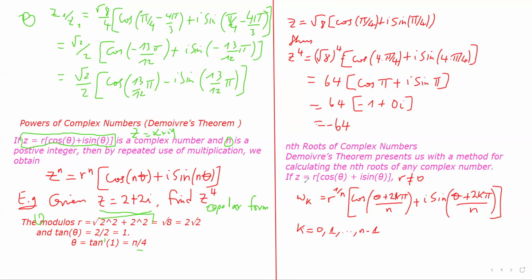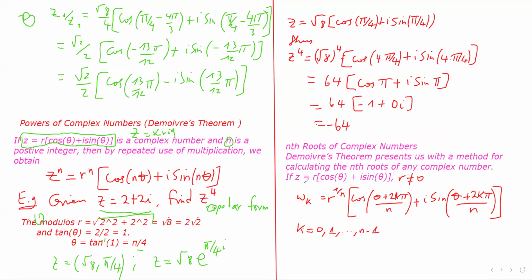With that, we can write our z with the modulus square root of 8 and the angle pi over 4. Of course, in exponential form, we can write it as square root of 8 e to the pi over 4 i. But in the trig form, we write square root of 8 cos pi over 4 plus i sine pi over 4.